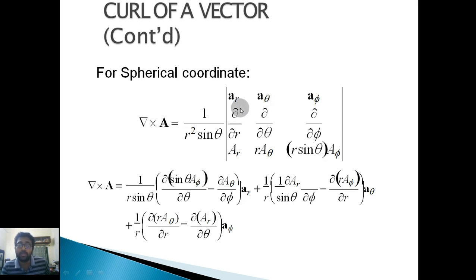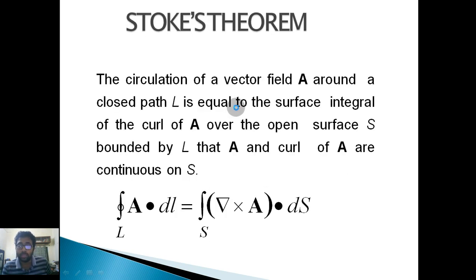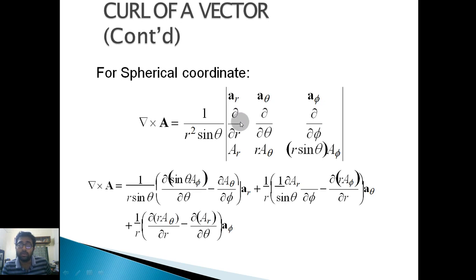Along a suffix r the value will be del r, and this r a theta, this r sin theta a phi. Using that we can determine the curl of a vector in spherical coordinates.